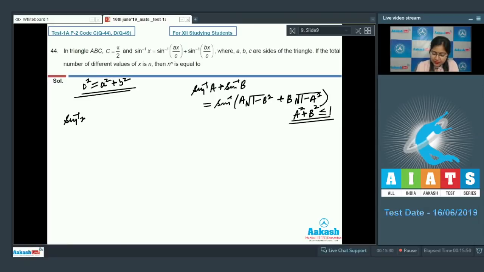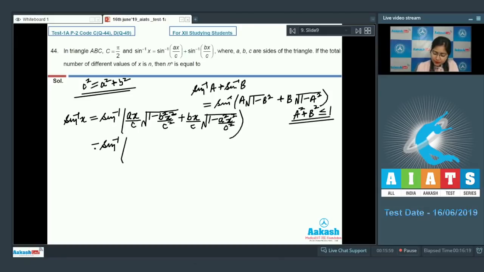So we can have here sin inverse x is equal to sin inverse of ax upon c into under root of 1 minus b square x square upon c square plus bx upon c into under root of 1 minus a square x square upon c square, right? So this is equal to sin inverse of ax, taking c square in the denominator outside, so we have here c square under root of c square minus b square x square.